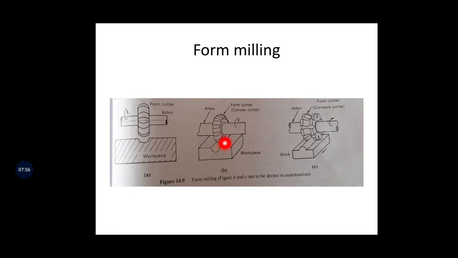Some grooves you can produce. Some splines, which are curved shapes, some profiles you can produce with the help of form milling, using a form milling cutter. So the tool is called a form mill cutter.